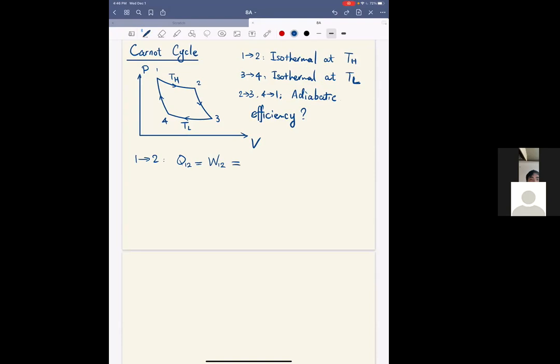We have that because the change in internal energy is 0, because the temperature is constant.